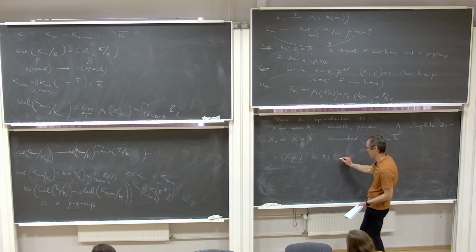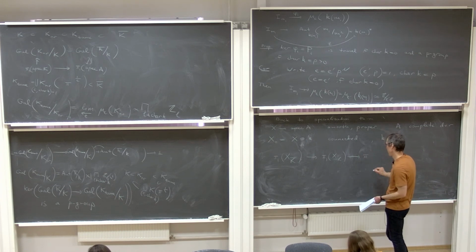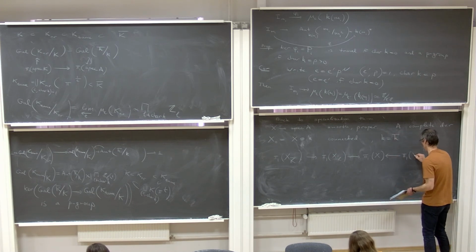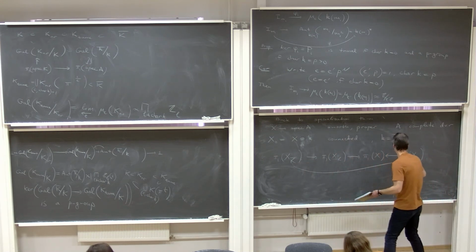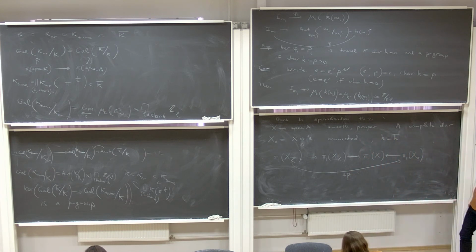So pi1 of X, and then here by functoriality you have a map from pi1 of X0, and the composition is called the specialization homomorphism.